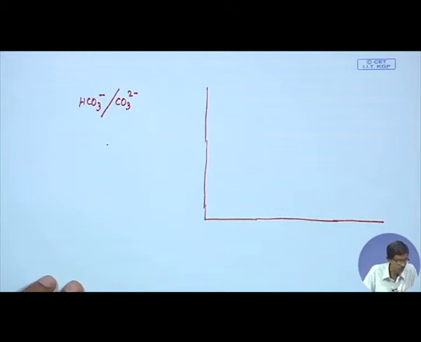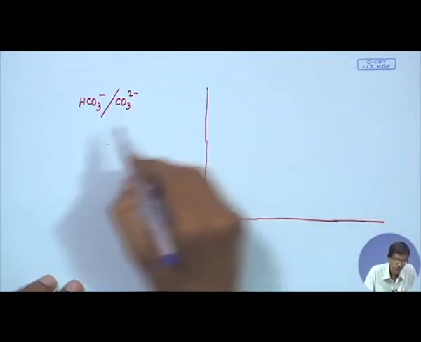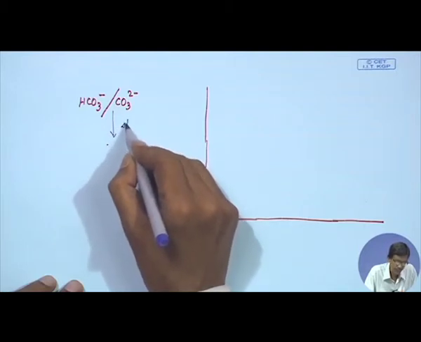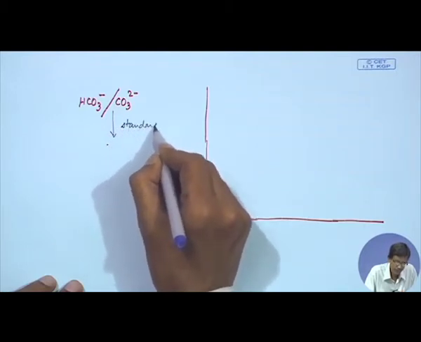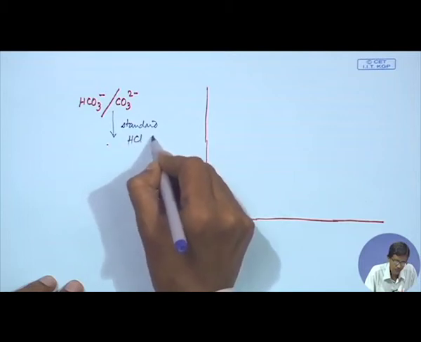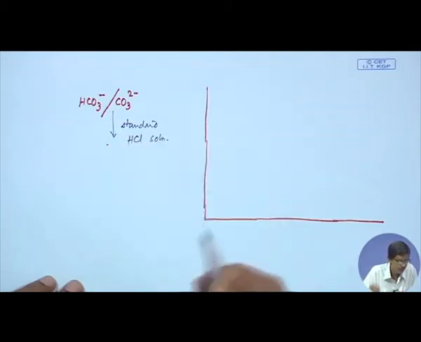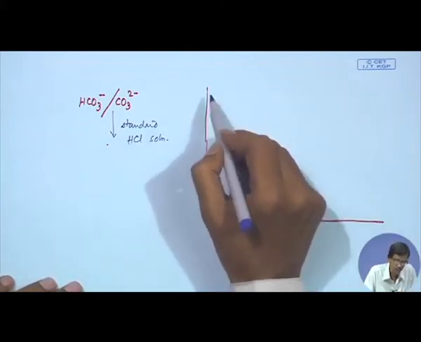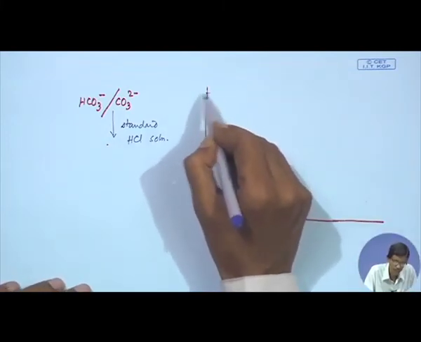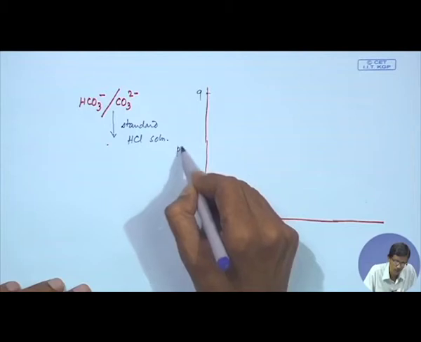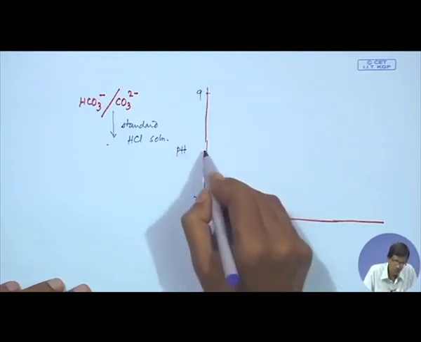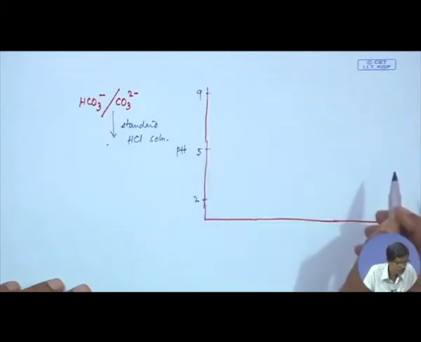So, this titration curve is titrated by standard hydrochloric acid solution. When we titrate and look at the corresponding change in the pH values, this is 2 and this is say 5.